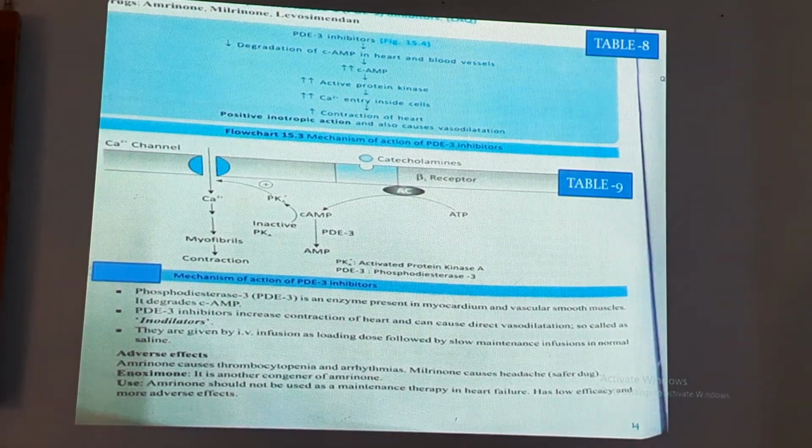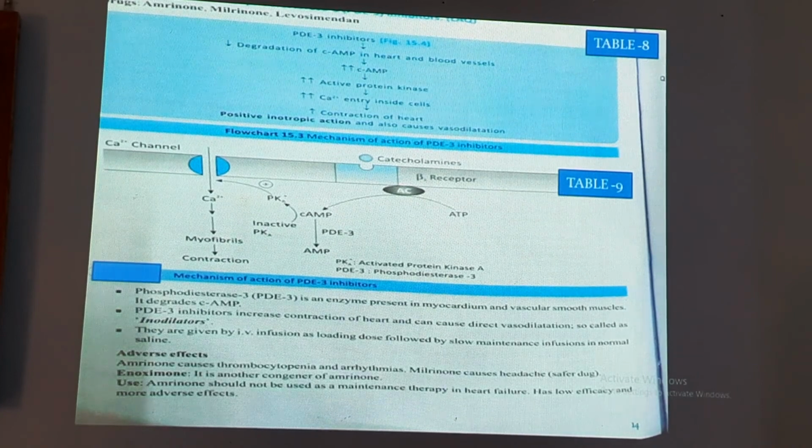That is, phosphodiesterase PDE3 inhibitors cause decreased degradation of cyclic AMP in heart and blood vessels, increasing cyclic AMP concentration, that leads to increased active protein kinase, which leads to increased calcium ion inside the cell, and that causes increased contraction of heart. So positive inotropic actions and also vasodilatation. These are the major effects of the phosphodiesterase 3 inhibitor group of drugs.